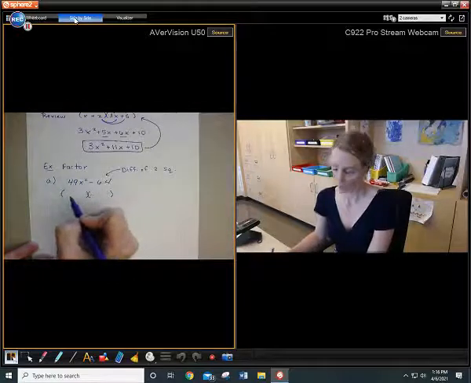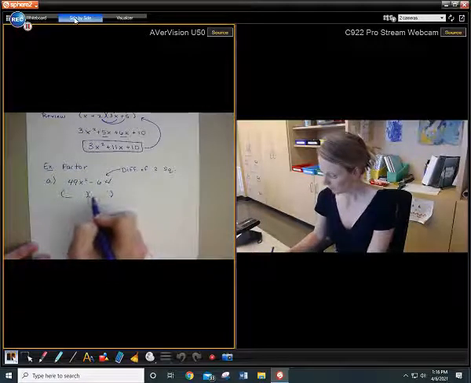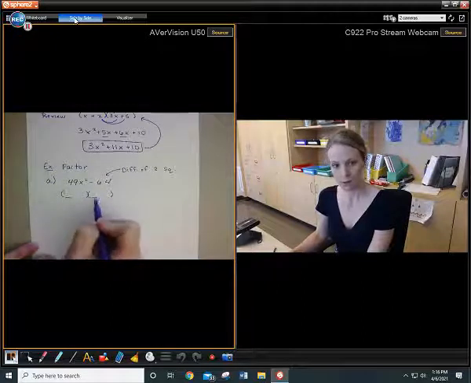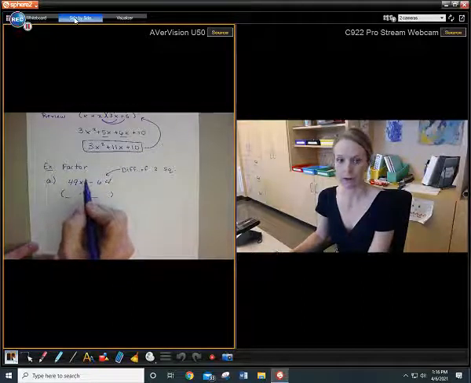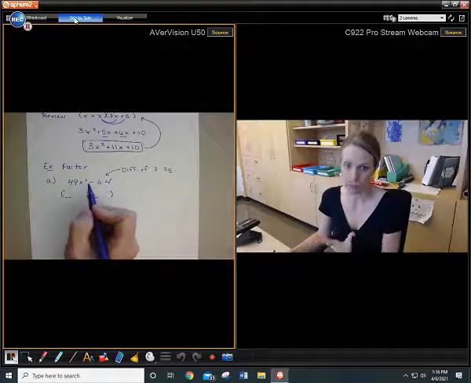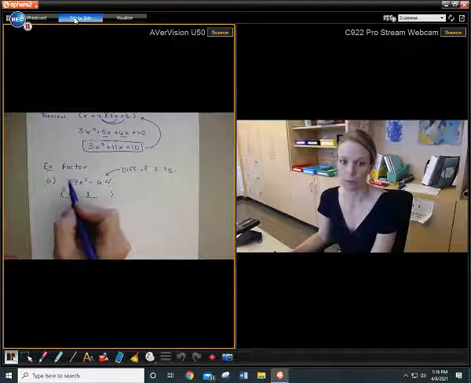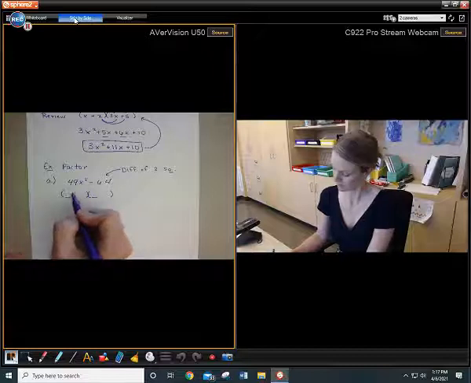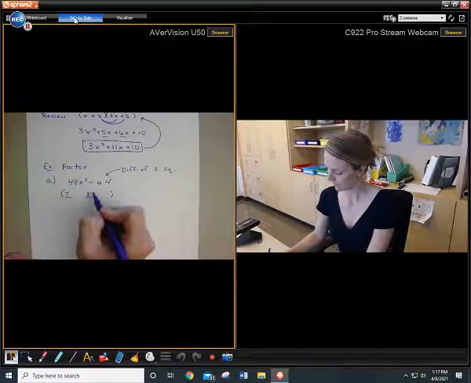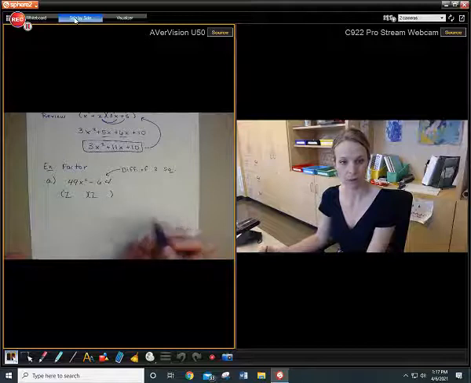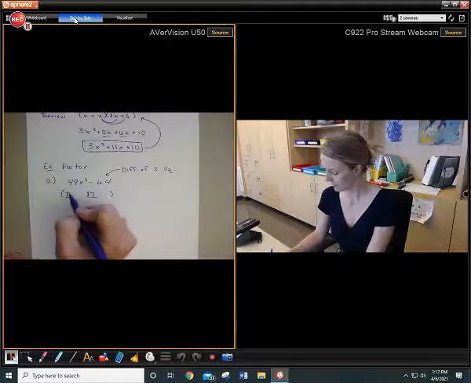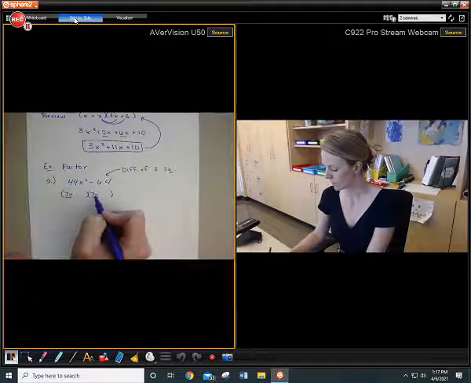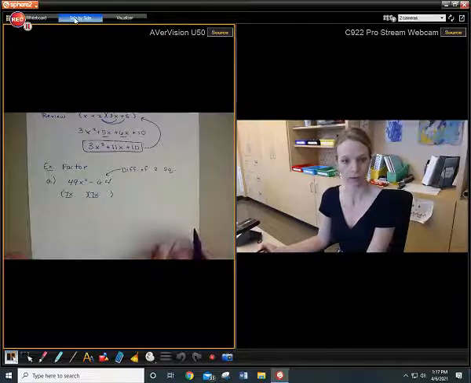I'm trying to figure out what numbers they are multiplying to get the 49x squared. Well, my key word to you was that it's the difference of two squares. What number do you square to get 49? 7. So 7 times 7 is 49. Now I also need an x on those terms, so that way I get the x squared.